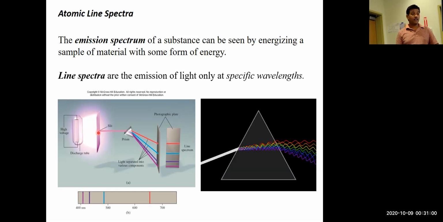That white light went through a prism after a slit. The prism diverts the different energies and different wavelengths and is able to separate them, because the prism has many angles in it. So that separates into specific wavelengths, and these specific wavelengths are what we see on the line spectra.